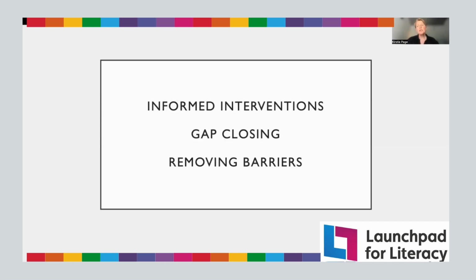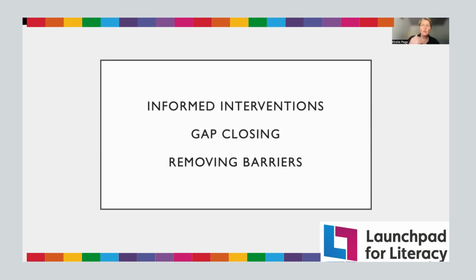And what we need to do once we've found out where the gaps are, what the level of success is, what the next steps are, we can weave that into what I would call informed interventions, where our interventions are designed and bespoke based on what we know these children need, based on what we know about their gaps and next steps, so that interventions include gap closing activities where we're working towards next steps.